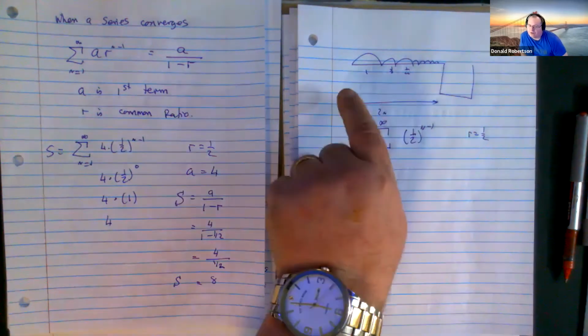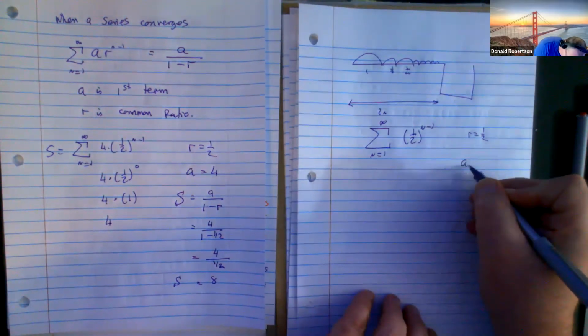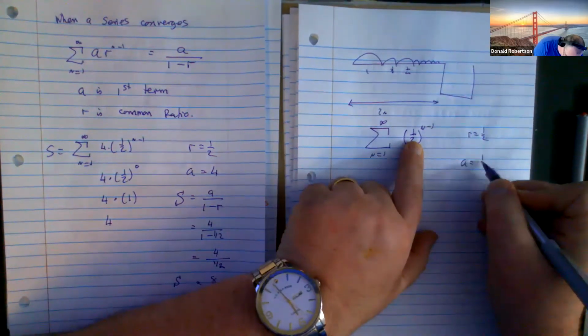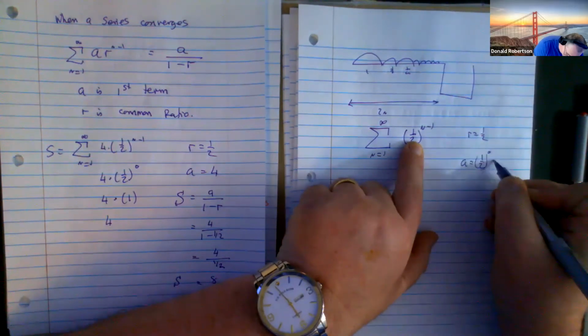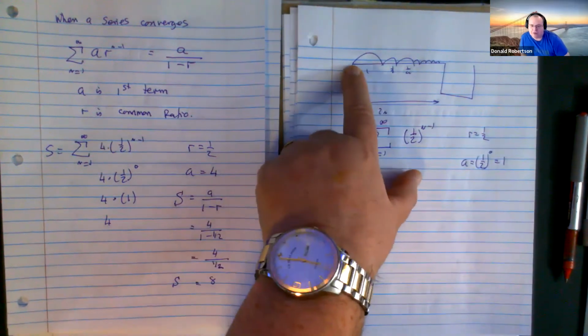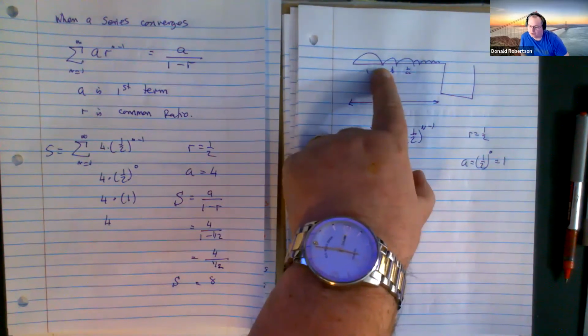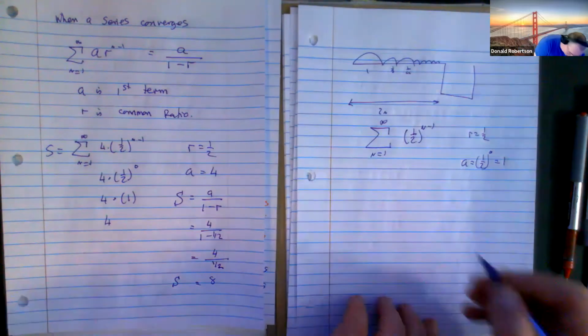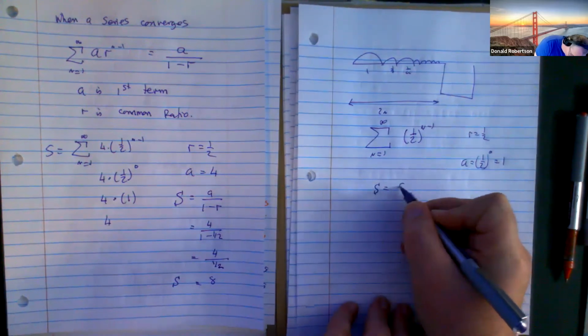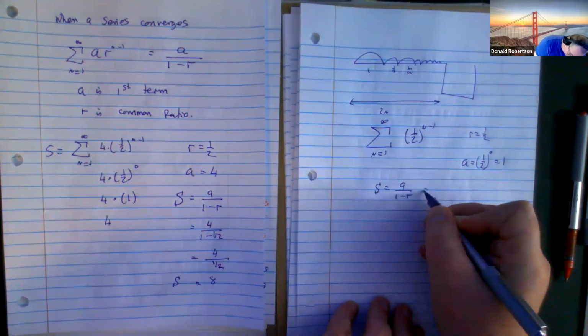So that means all these little jumps add up to something. The first term is simply 1/2 to the power of 0, which is 1, which I already knew, since the first jump was 1 unit. And since I know it converges, what do all of those add up to?